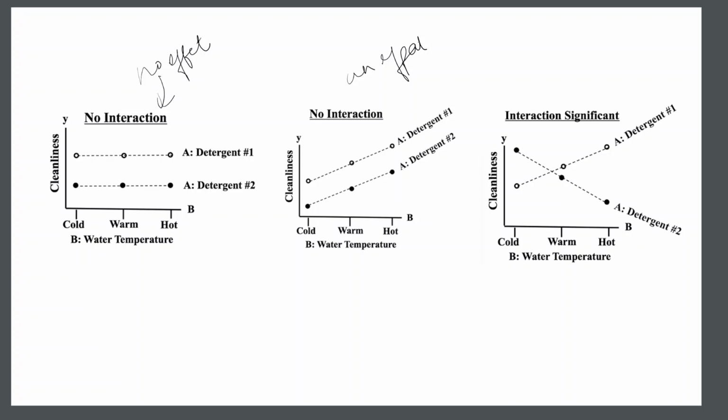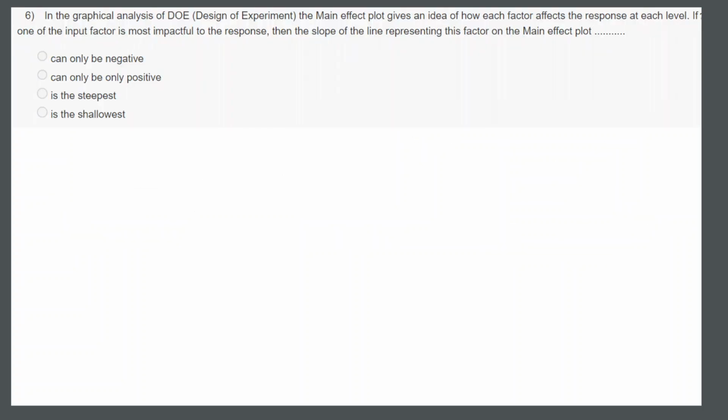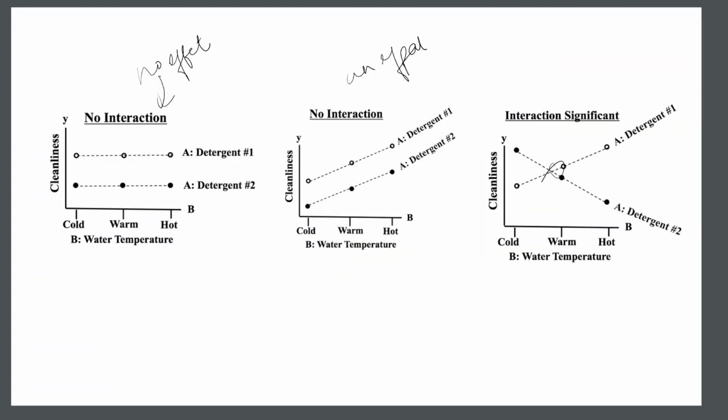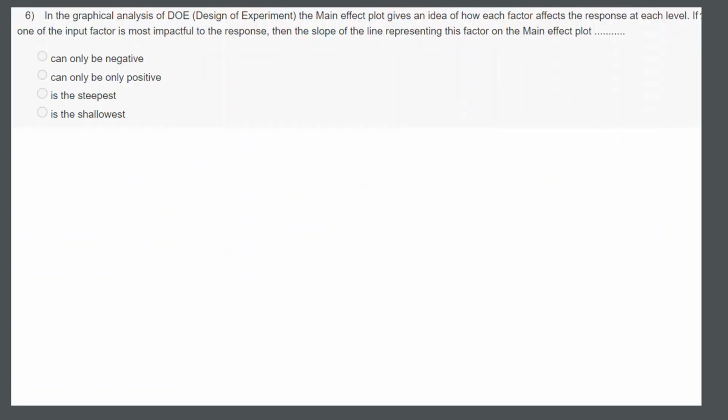So it has an interaction, and they will have a crossover. So visually we can see the magnitude as well as the interaction. With this understanding, we should go on to the sixth question.